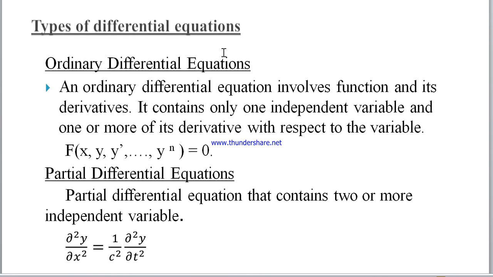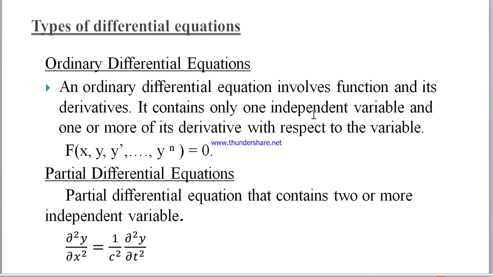Next, types of differential equations. Here we discuss two types. One is ordinary differential equations, the second is partial differential equations. An ordinary differential equation involves a function and its derivatives.